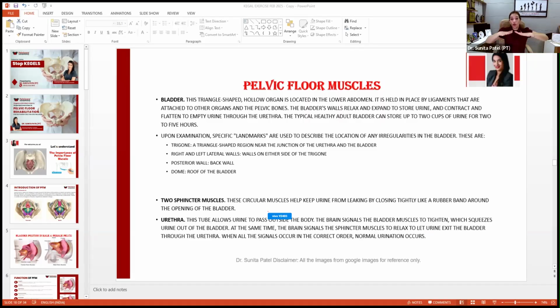That can put pressure over the organs, and the organs can put pressure over the pelvic floor. So in those circumstances, whenever intra-abdominal pressure is raised, our muscle should not descend, it should go upward as a trampoline effect.